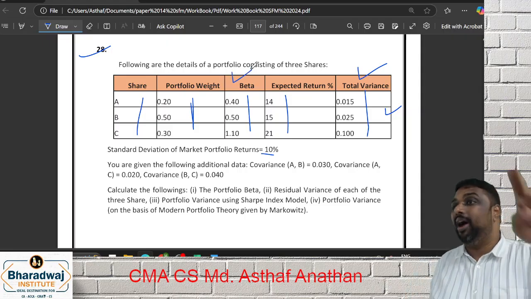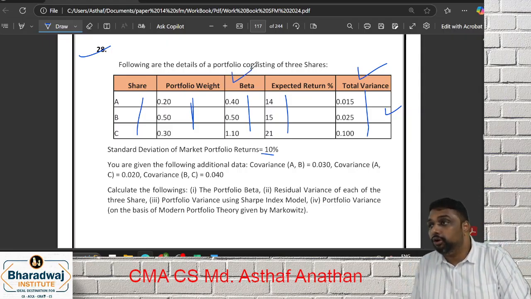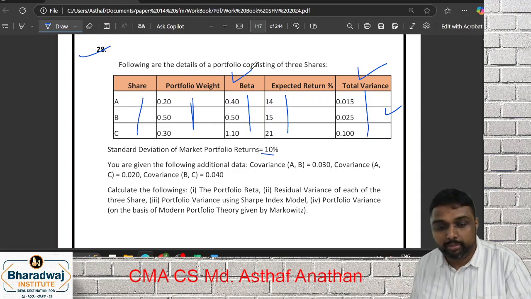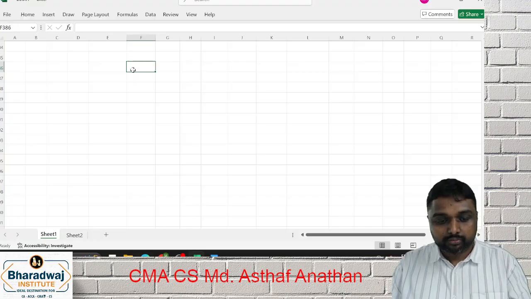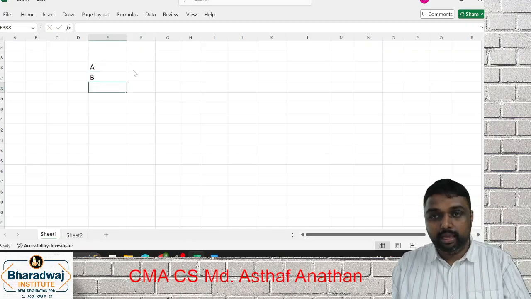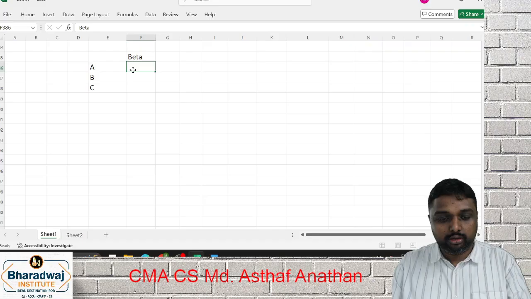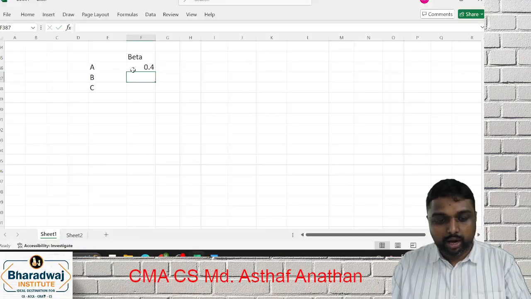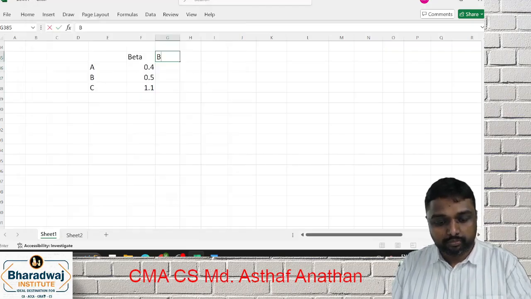So you might have done the first one: beta you take square. Beta square. What is a beta square? 0.4 into 0.4. If you want, I'll make it in parallel. So we have A, B, and C. The beta is given in the question. What is the beta? 0.4, 0.5, 1.5. So if you want to do the variance method, you have to go for beta square.